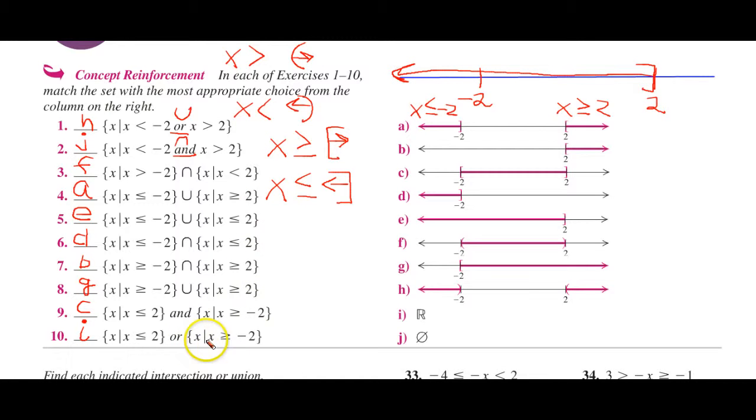And then here x is greater or equal to negative 2, and that's an OR, so it's a union, would be a bracket this way, and then a line going this way. So you end up with a solid line of all real numbers, and that's what this indicates.